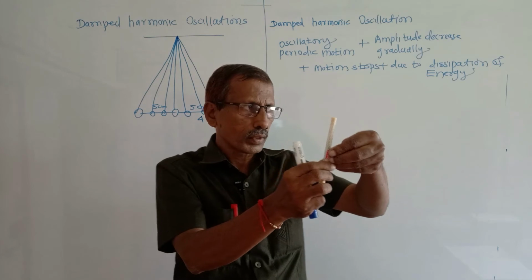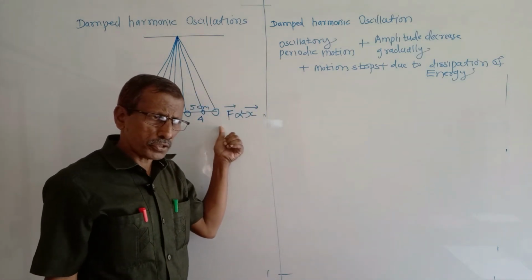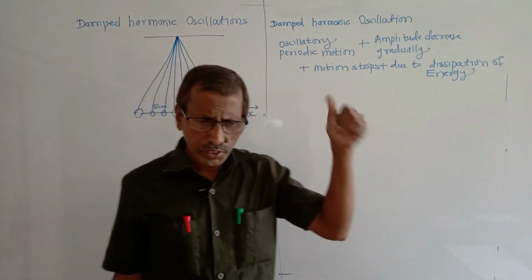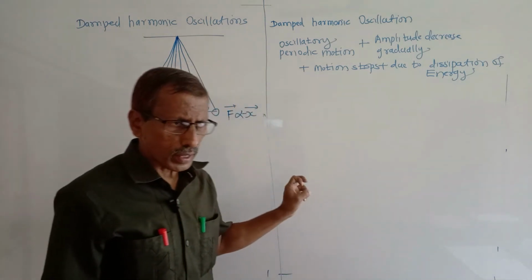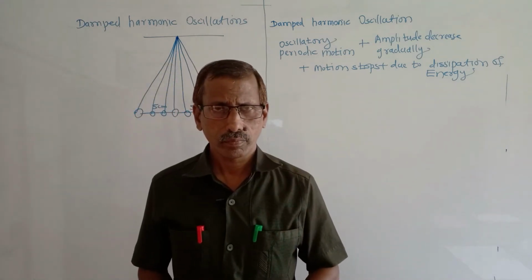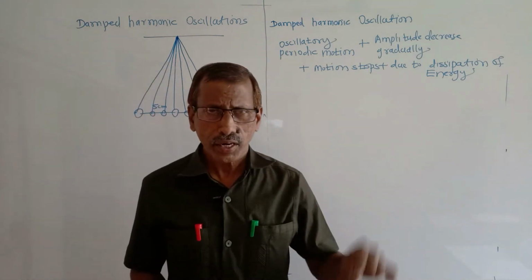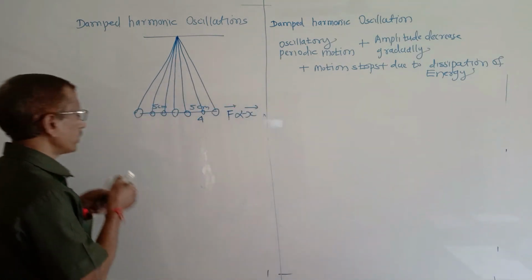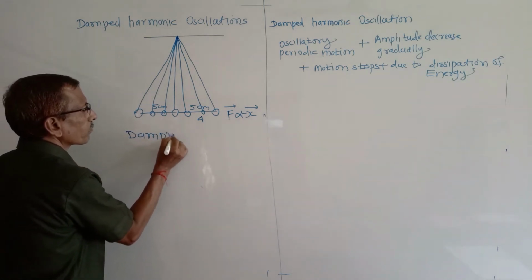Here, the restoring force is decreasing, which means there is an additional force acting on the bob of the simple pendulum in the opposite direction, and this force is called the damping force.